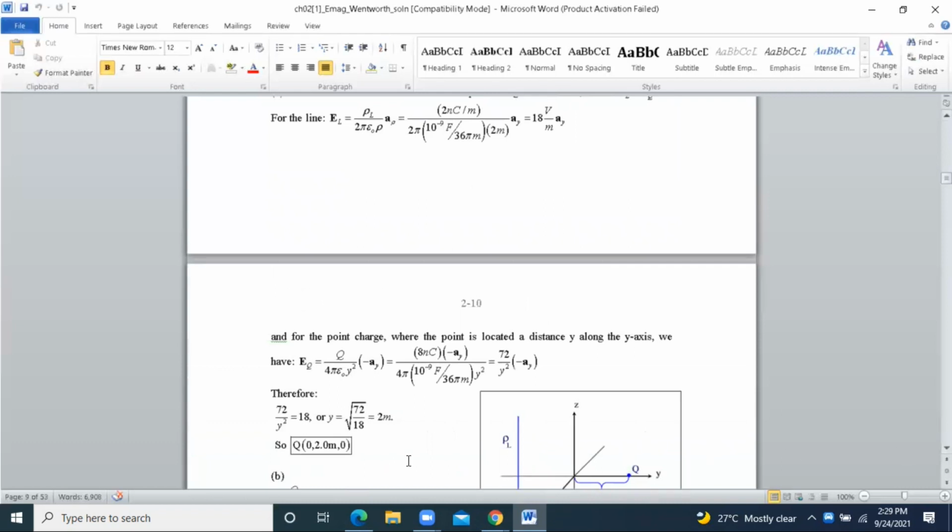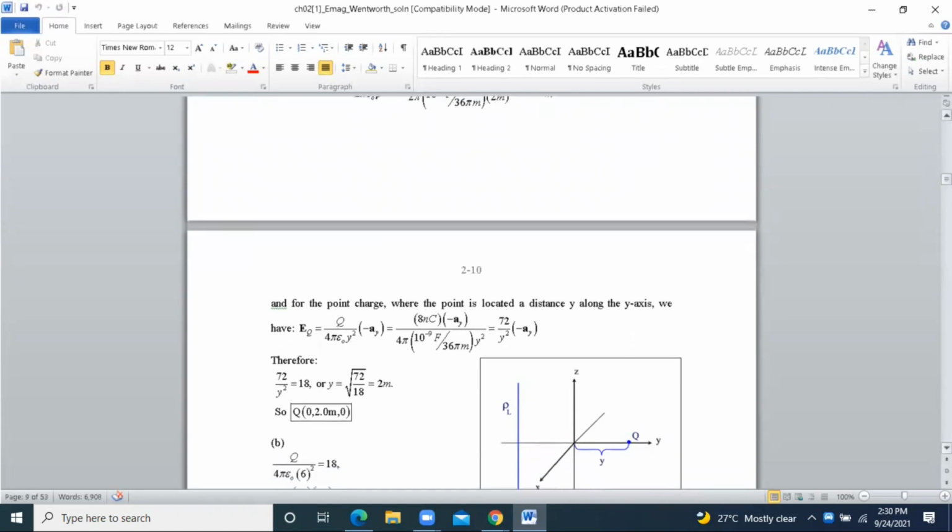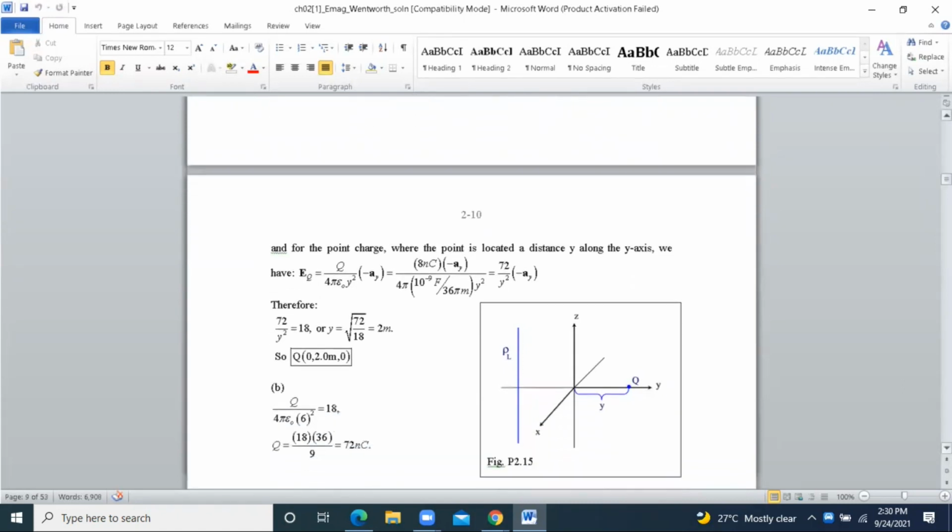EQ is Q over 4 pi epsilon naught, y squared, minus a y. So this is your line charge. This is your point charge.